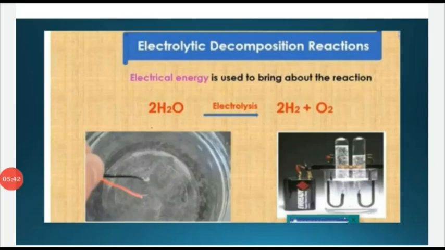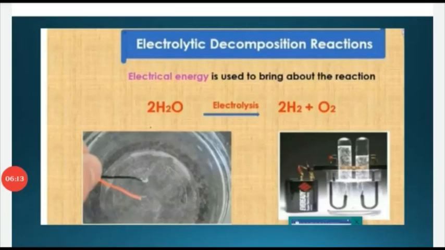Next one is the electrolytic decomposition reaction. In this reaction, electrical energy is used to bring about the reaction. For example, decomposition of water, H2O, which gives 2H2 plus O2. Another example is given in your book.